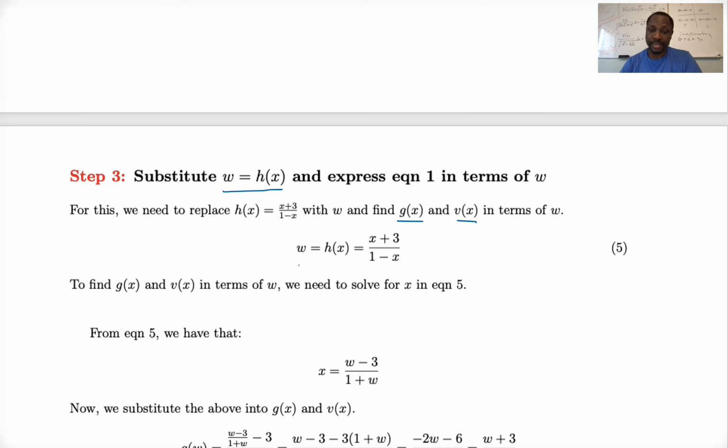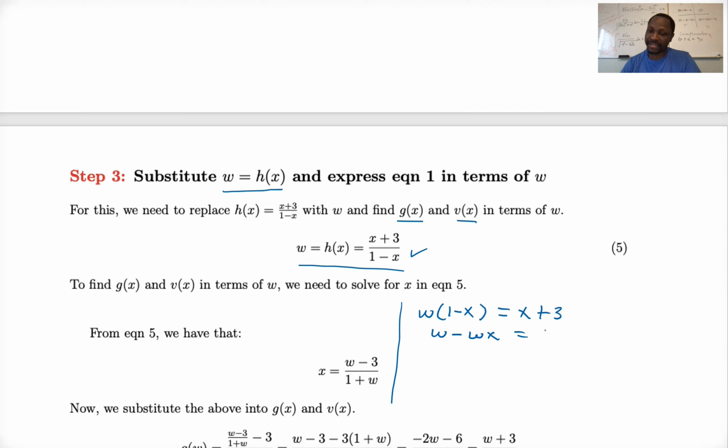So you see, we have w equal to h of x, and then in a similar way we solve for x. So I can still do that here. I took this equation, cross multiply, so I'll have w into 1 minus x is equal to x plus 3, right? Expand this and collect like terms.